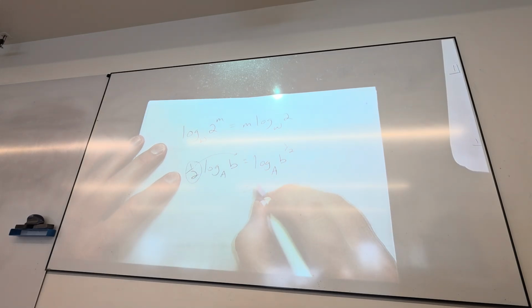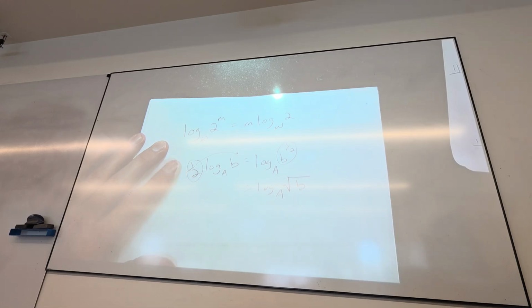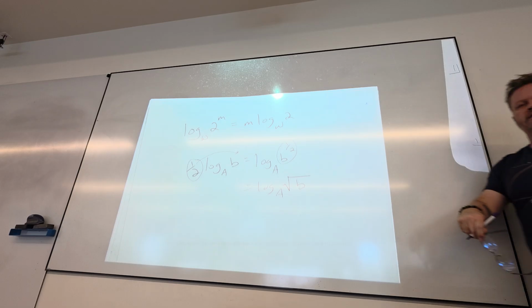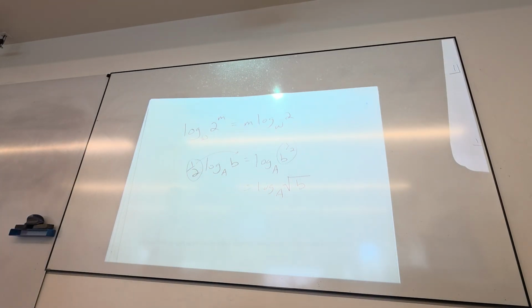And you can write this as this if you want to. What's another way to write B to the 1/2 power? What's a 1/2 power mean? Square root. What's a 1/2 power do? Cut something in half multiplicatively. What else does that? Square roots. Okay.